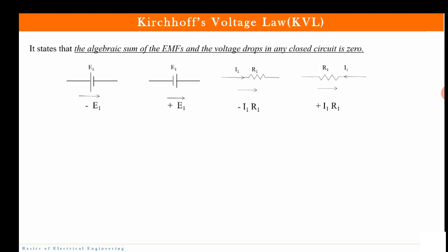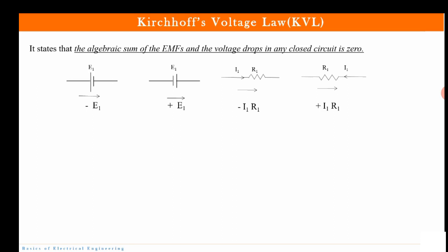Now let us understand another law. The second law given by Kirchhoff is Kirchhoff's voltage law. Kirchhoff's current law dealt with current, and Kirchhoff's voltage law, shortly known as KVL, deals with voltages. Suppose you have a circuit wherein you have many circuit elements.